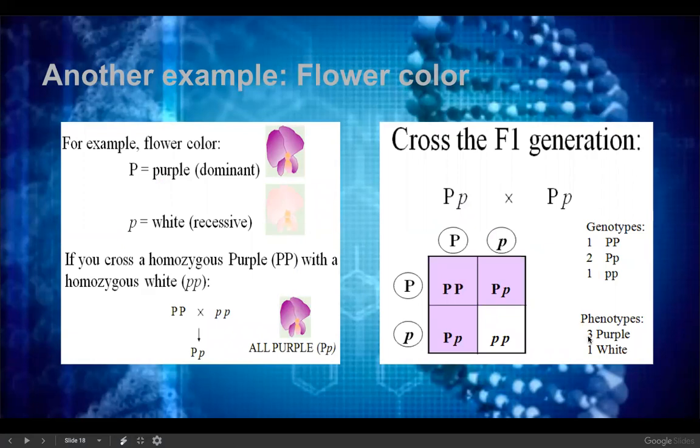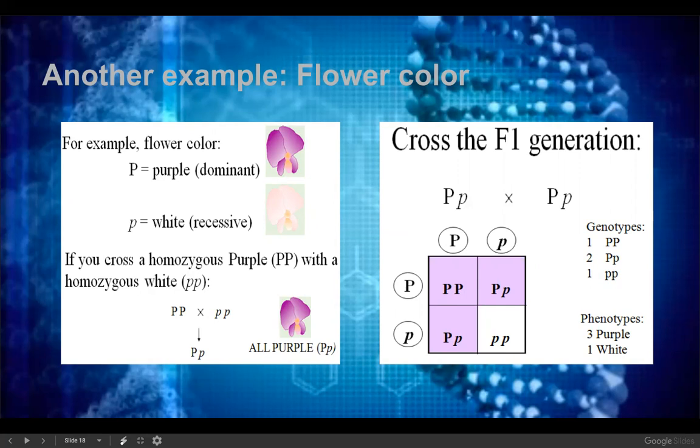So here's some more examples. This one's with flower color, purple being dominant, white being recessive. If you take the purple homozygous and you cross it with the white homozygous recessive, right here you see that, purple homozygous dominant, white homozygous recessive. The only offspring that they potentially can have is a purple hybrid plant.